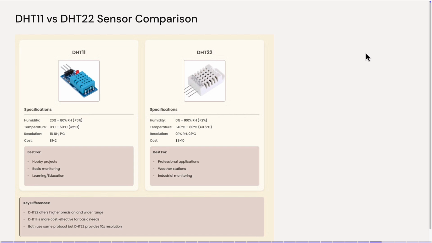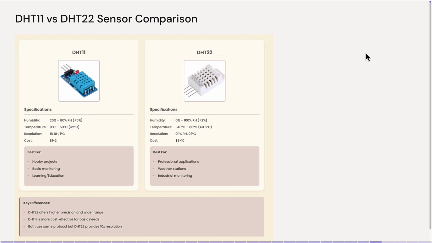But this is a limitation. Okay, if we want to see very dry values or very wet values, this is limited. And it has 5% error. Okay, this one is from 0% to 100% and 2% error.